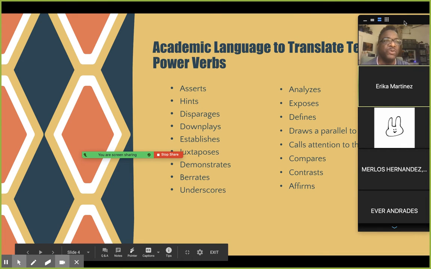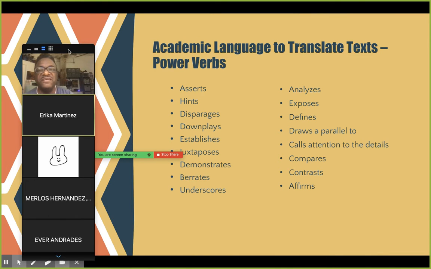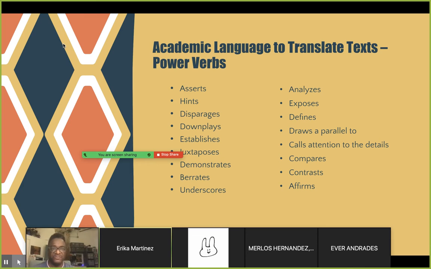Okay, this is important. What I'm giving you here, and you're going to see in a minute, you're going to actually use some academic language today. Now, you know there are a ton of power verbs, right? I just gave you a few. I want you to look here. I think some of the best ones here: affirms, exposes, asserts, underscores, which means to emphasize, establishes.